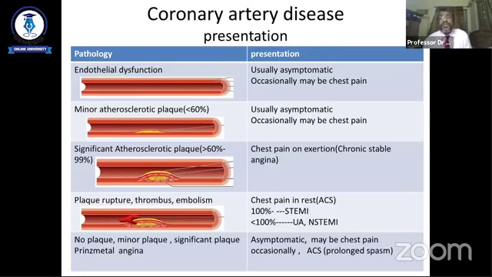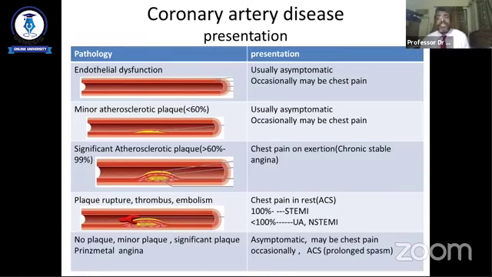The ECG changes include ST depression or T inversion in non-ST elevated MI. But the mandatory criterion is a significant increase of cardiac enzymes, especially cardiac troponin I. Cardiac troponin T may also be measured, but in Bangladesh we usually measure cardiac troponin I or CKMB.